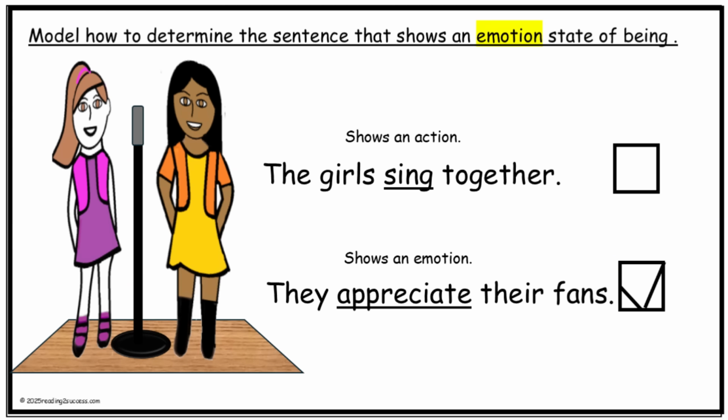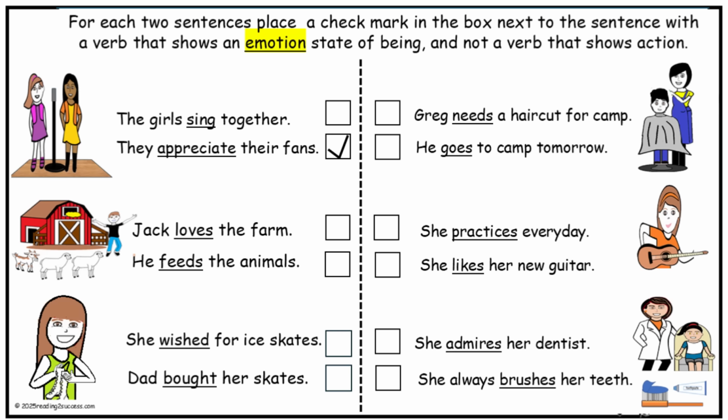The verb sing shows an action, and the verb appreciates shows an emotion. This is the correct answer modeled. Now have kids complete the rest of the practice page. Review the correct answers with kids when they are done with their own practice pages.